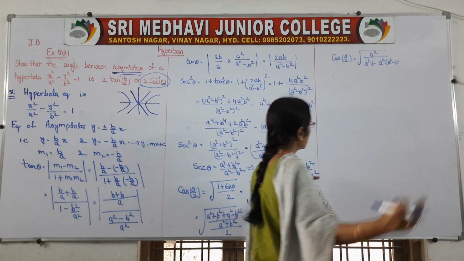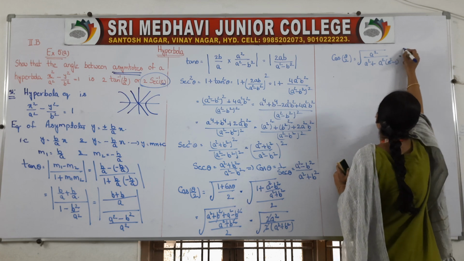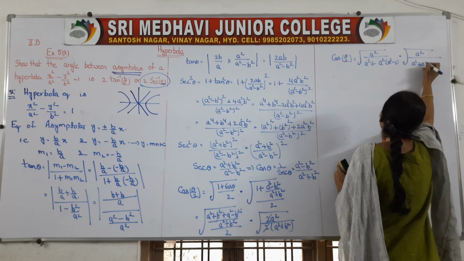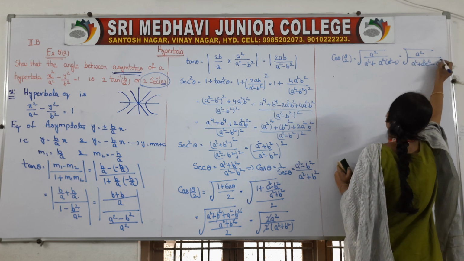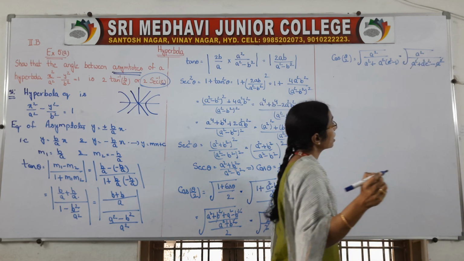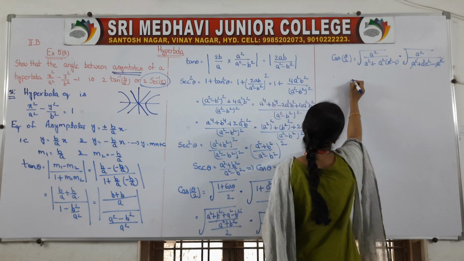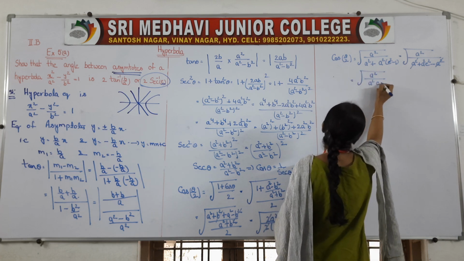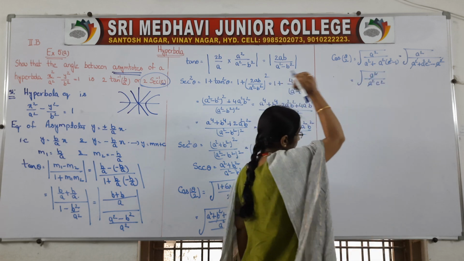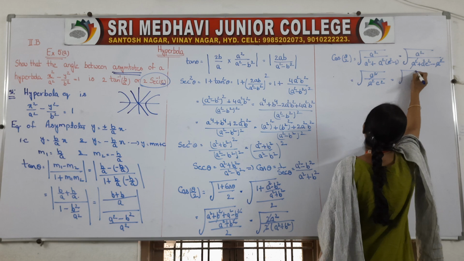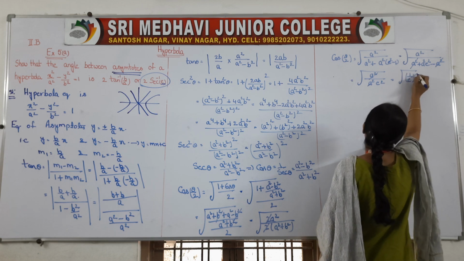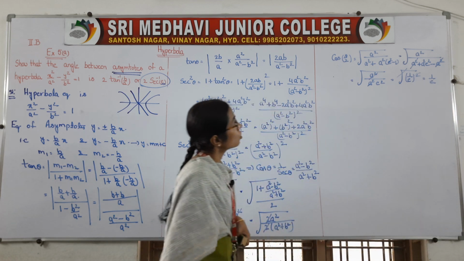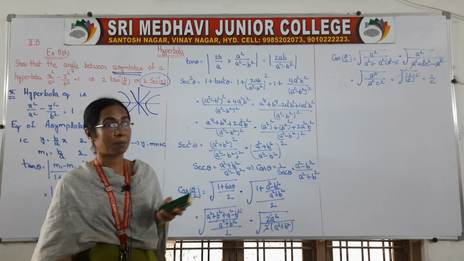Next we can write this as root of a²/(a² + a²e² − a²). So a² minus a² cancels, and it is root of a²/(a²e²). a² cancels, so we can write this as (1/e)². The square root cancels, giving 1/e. So cos(θ/2) is 1/e.